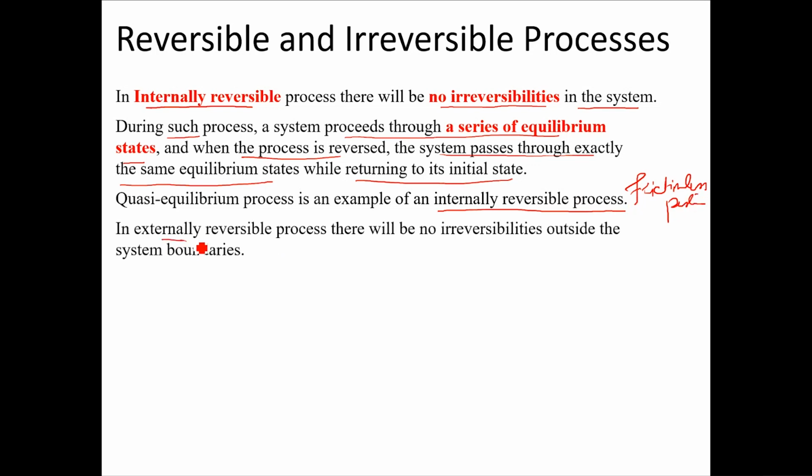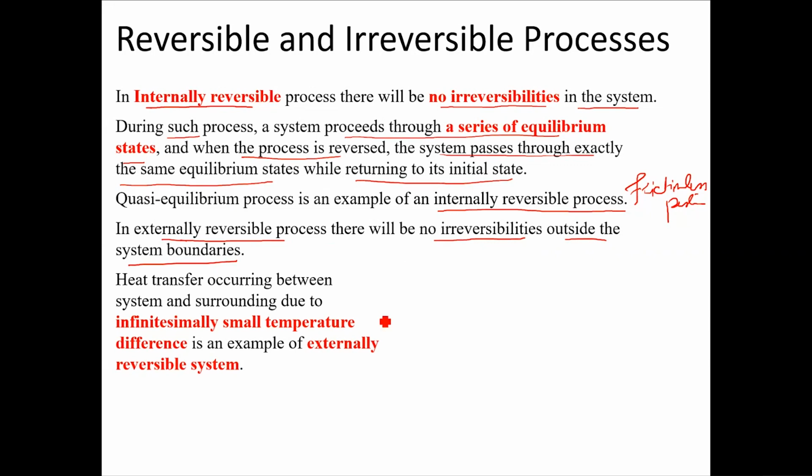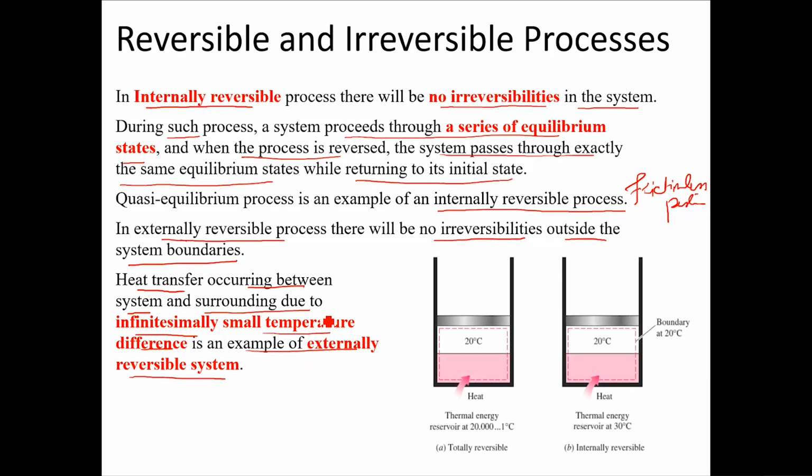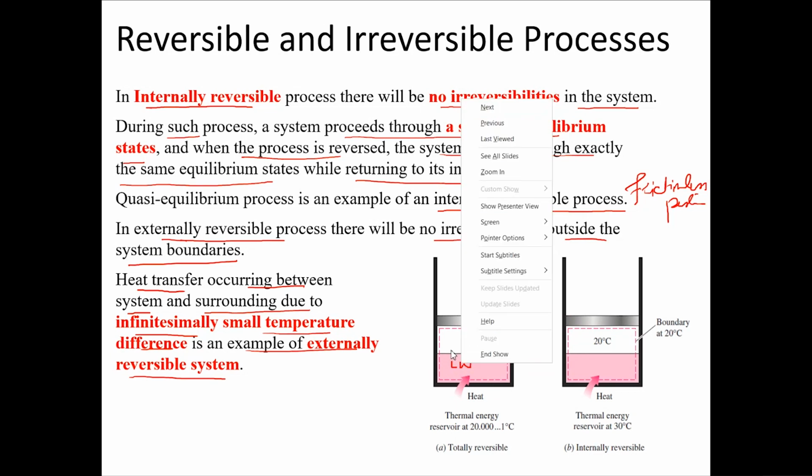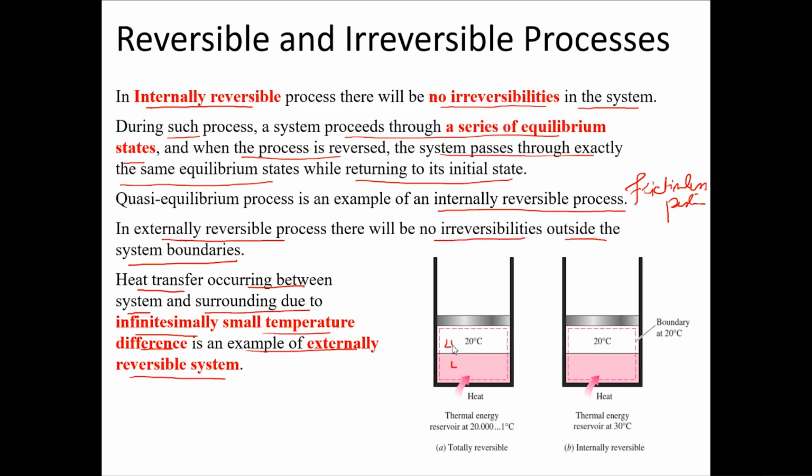In an externally reversible process, there will be no irreversibilities outside the system boundaries. Let's see how. Heat transfer between system and surroundings due to an infinitely small temperature difference is an example of an externally reversible process. How? This is liquid water and this is vapor, so you have liquid water and vapor in equilibrium.